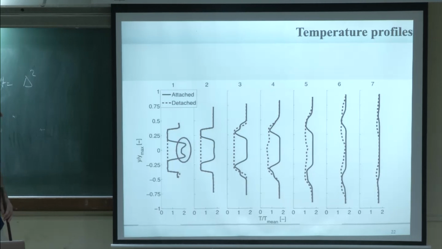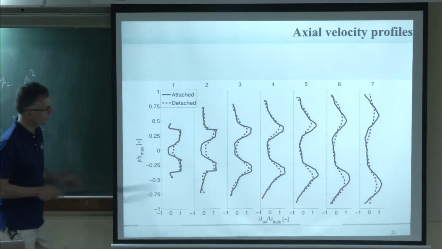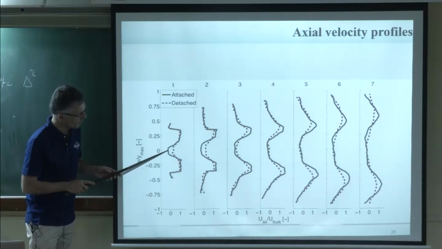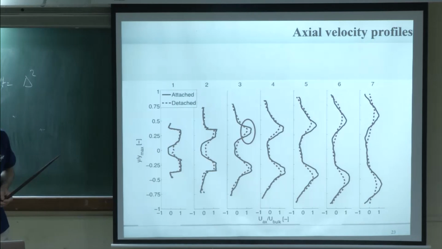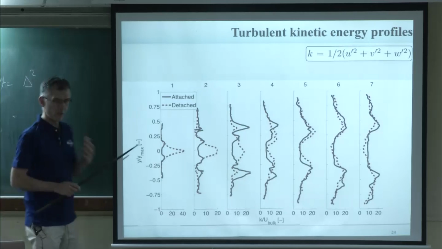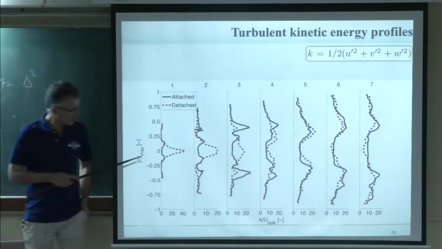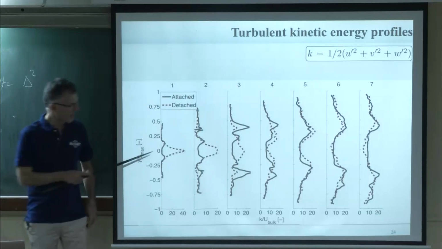So this is temperature. This is the actual velocity, same problem: a recirculation zone in one case, no recirculation zone in the other case. And when you look at the turbulent kinetic energy, you see something which I will describe again later, that the attached flame is much more stable than the detached flame.